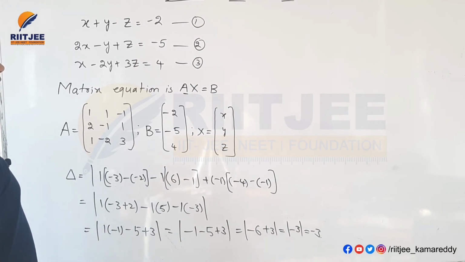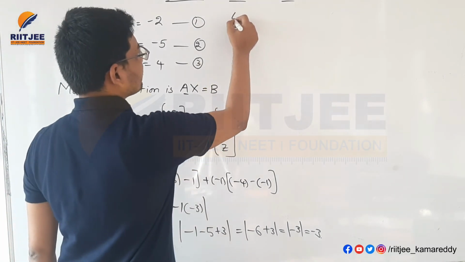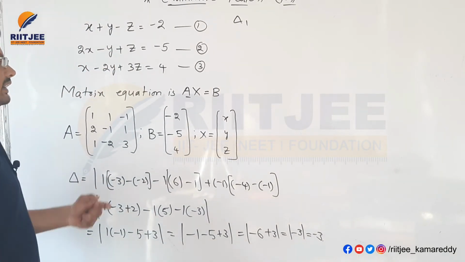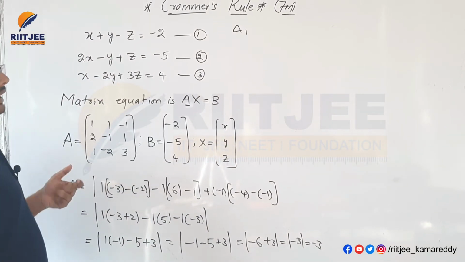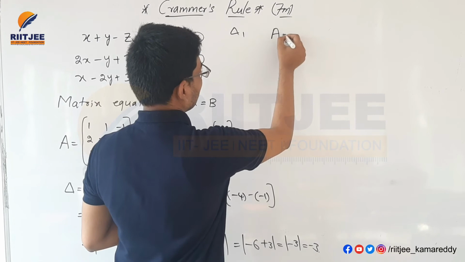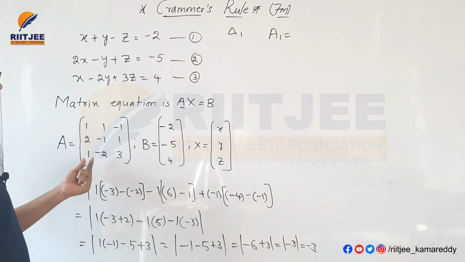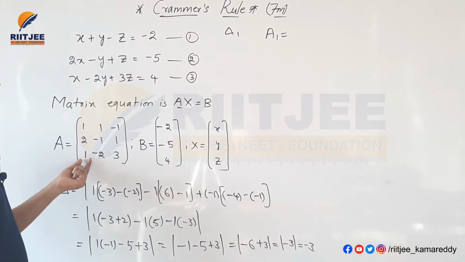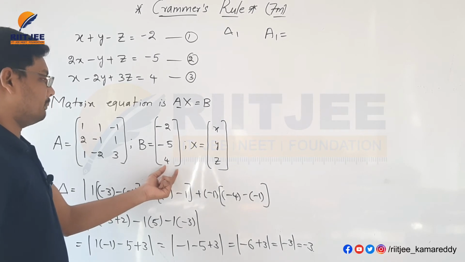Next, we need to find the value of delta 1. To find the delta 1 value, first we need to frame the A1 matrix. The A1 matrix is nothing but replacing C1 of matrix A with the constant matrix B here.